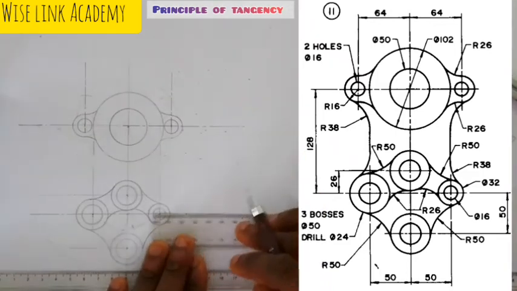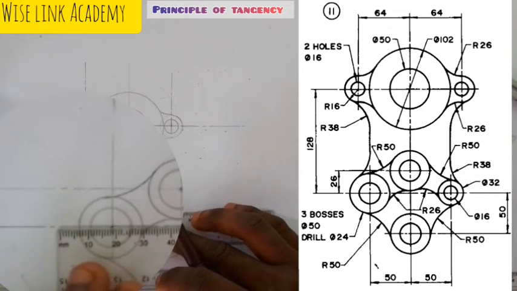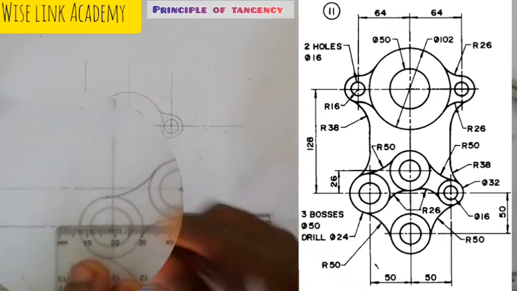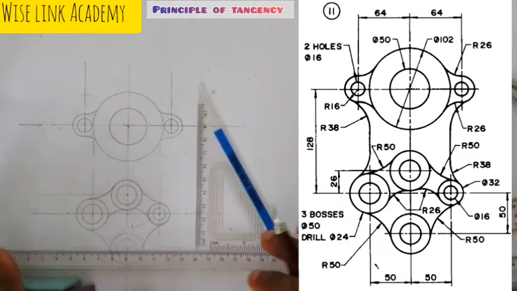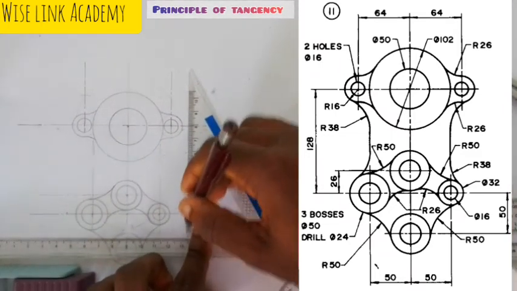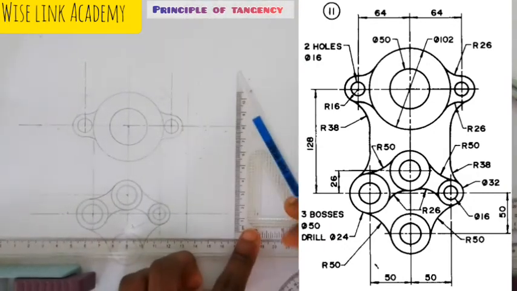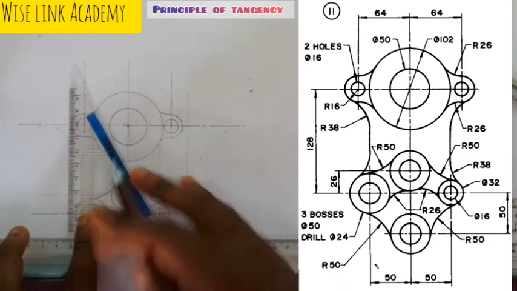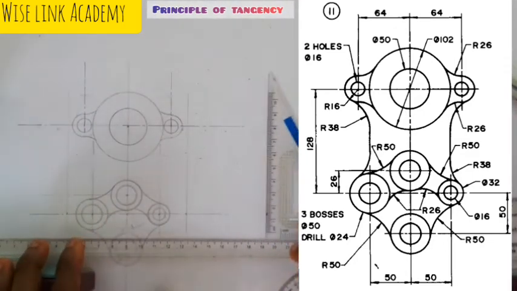Similarly, from this point here to this point here is 19. So I'll take my t-square this way and draw a vertical line upward to touch the line I extended at this place. Similarly, take it simultaneously at this point and draw a line upward this way.